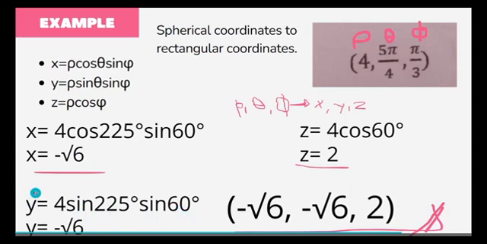And the result is y is equal to negative square root of 6. And the last one is z equal to 4 cosine of 60. And the result is 2. So the result is: negative square root of 6, negative square root of 6, 2.